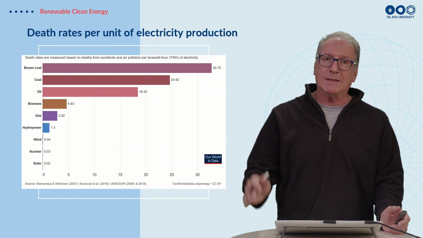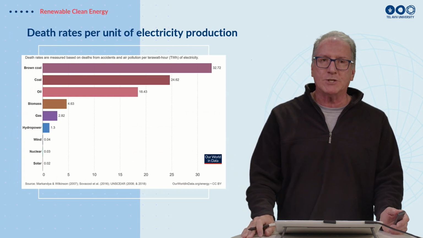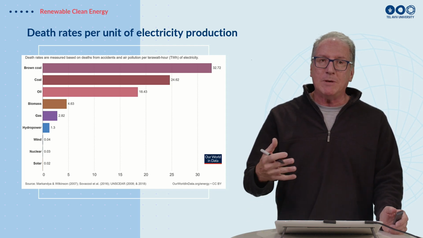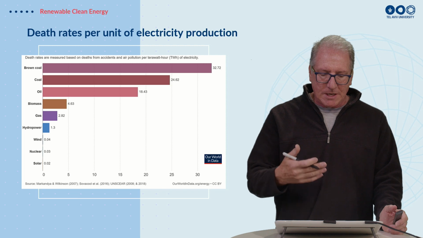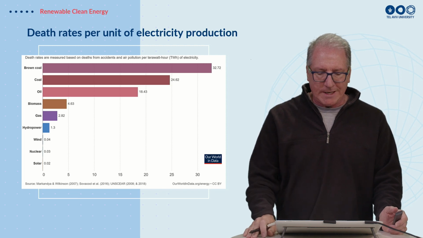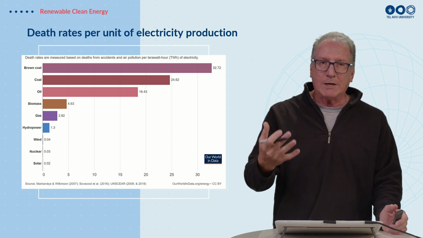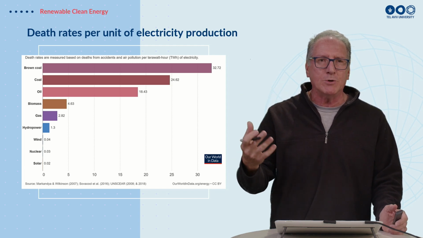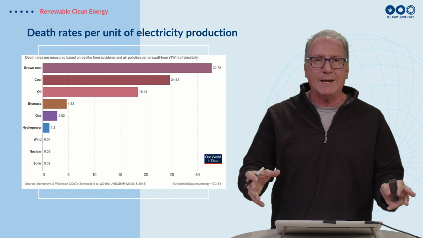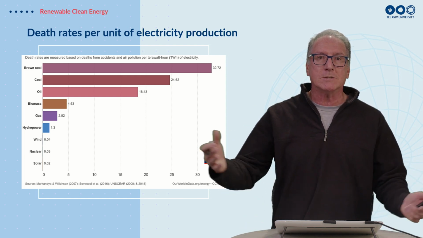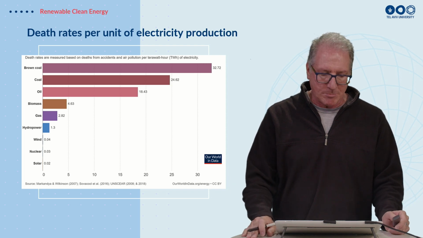And people are worried about the safety of nuclear energy. So here we can actually see, for the different sources of energy, how many people have actually died for every terawatt hour of electricity produced based on the air pollution. When we talk about coal, not only do people die in coal mines from explosions in the mining, but the air pollution produced kills the public from breathing the polluted air.